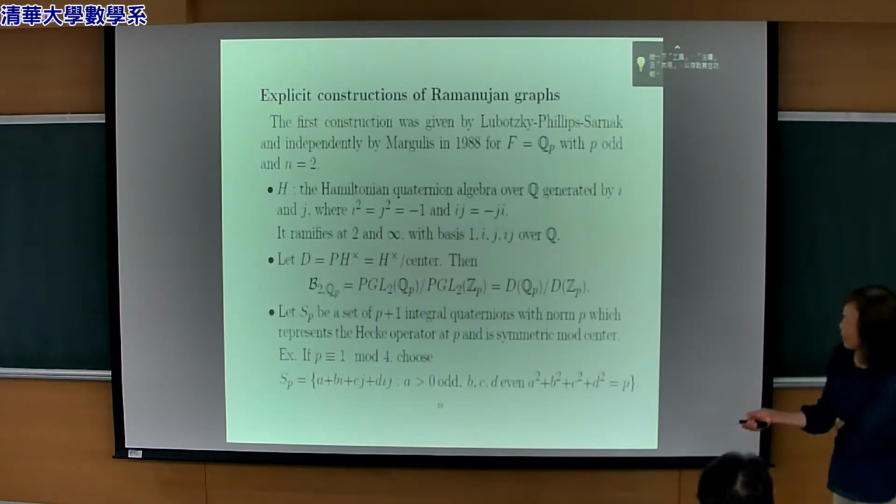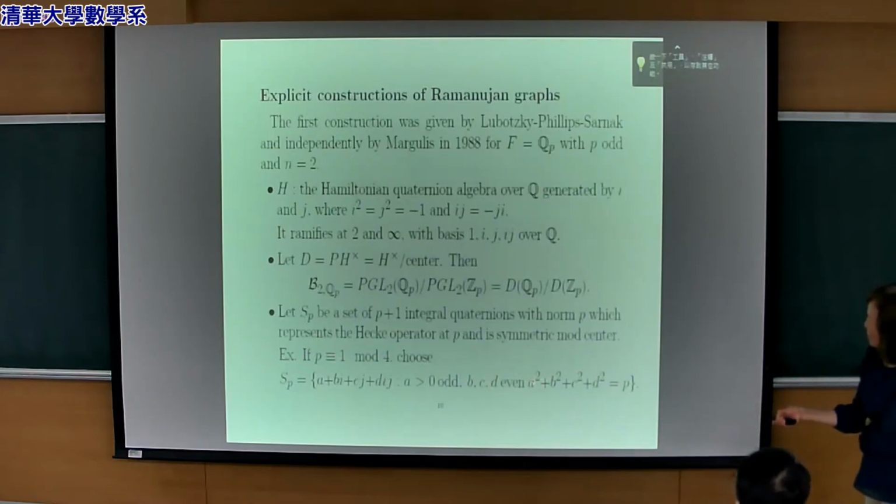Because p is congruent to 1 mod 4, and we know that its norm, which is the sum of 4 squares, is equal to p congruent to 1 mod 4, exactly 1 is odd and 3 are even. So we require that a is odd and positive, and b, c, d are even. This is the set that has p+1 elements with the desired property.